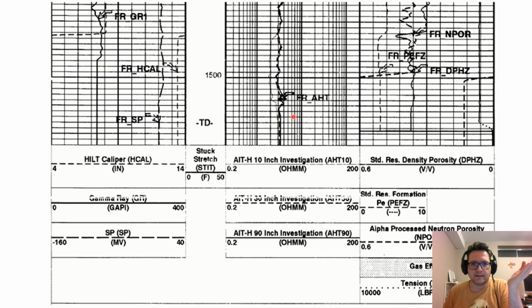Okay. In this case, our deep resistivity is this one, AITH 90. Usually, actually, Amir won't give us these logs in particular because these ones are hard to know which ones are the shallowest and which ones are the deepest.